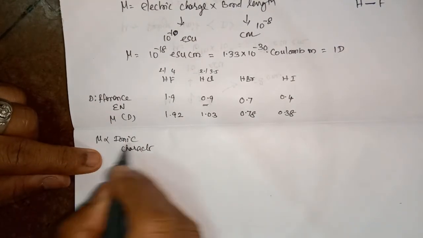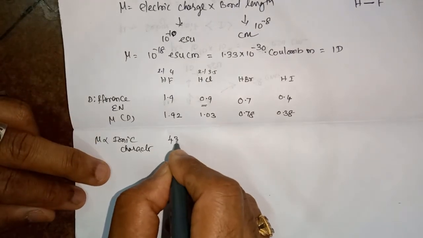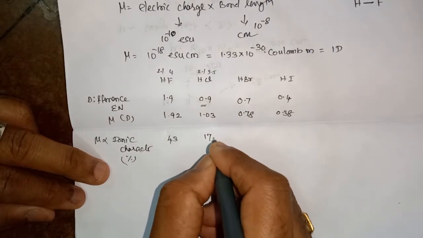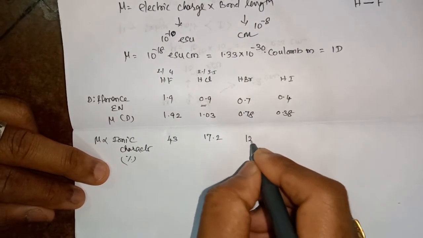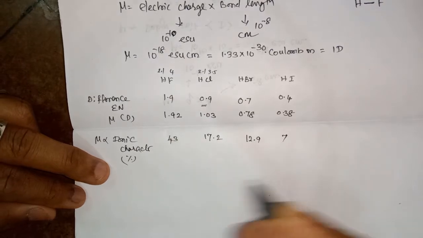If the mu value increases, the ionic percentage will also increase. The ionic percentage values are 43, 17.2, 12.9, and approximately 7.